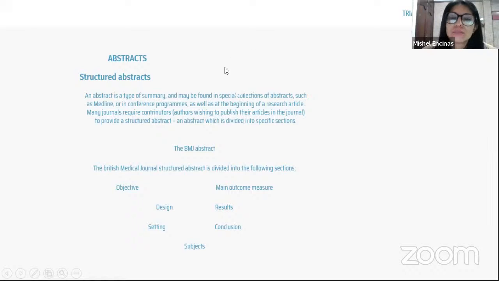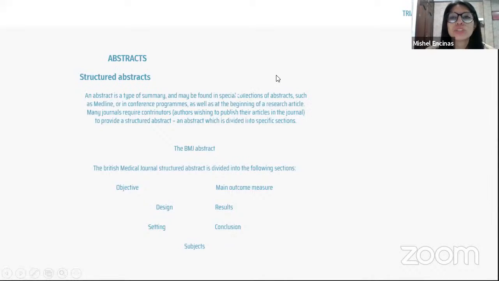For example, one of your objectives will be to look for a treatment for this kind of disease.